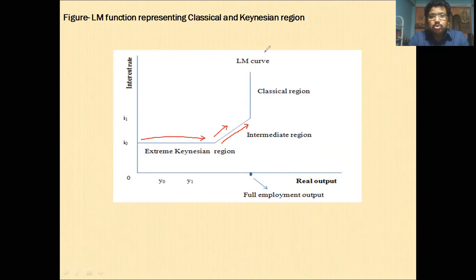So in this classical version of the LM curve, the interest rate is increasing, but real output is fixed. So this vertical portion represents the classical region. This upward rising portion represents the intermediate region, and this horizontal portion represents the extreme Keynesian region. This is the full form of the LM curve.